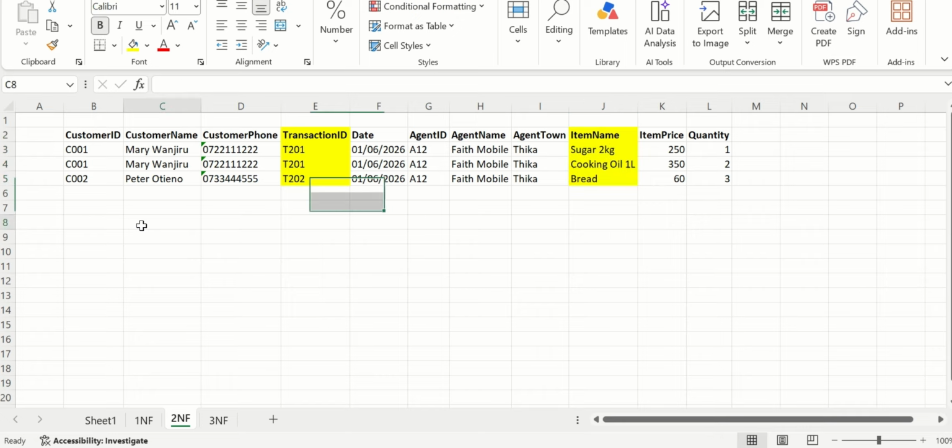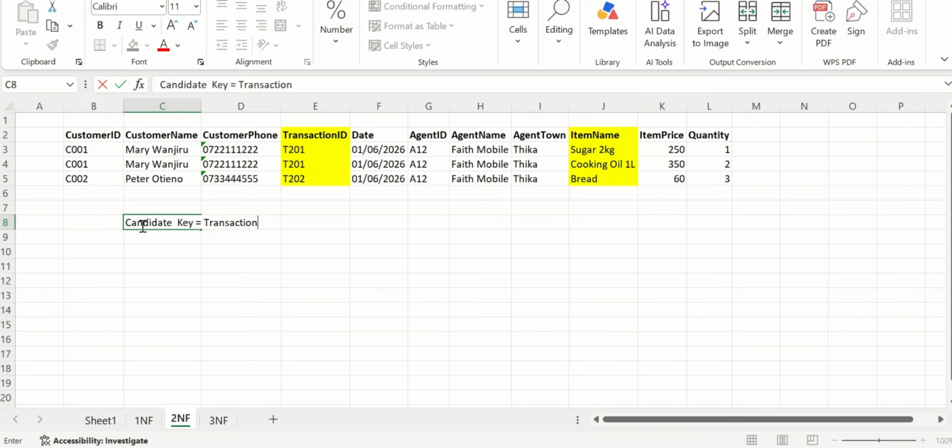So our candidate key will come from transaction ID plus item name.